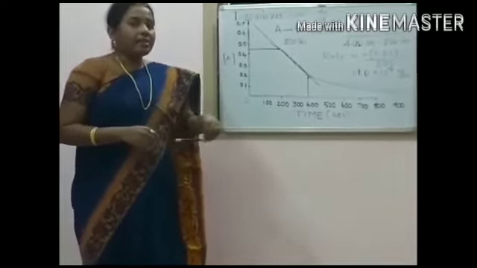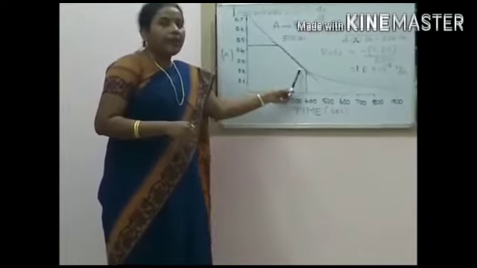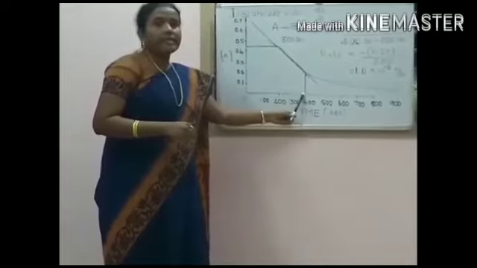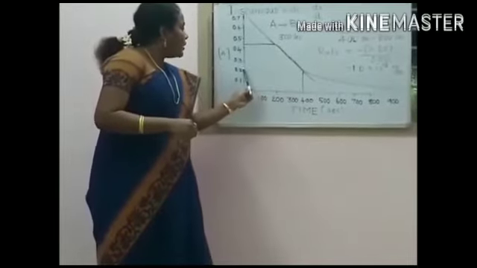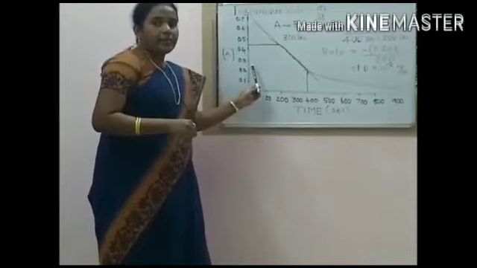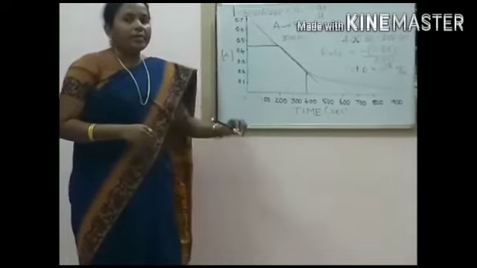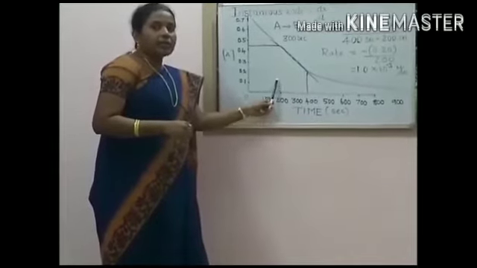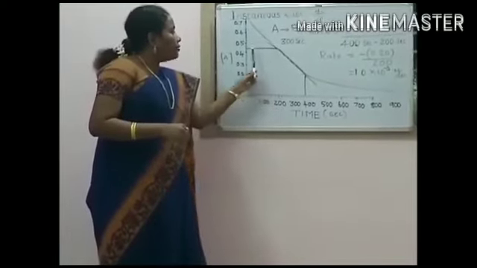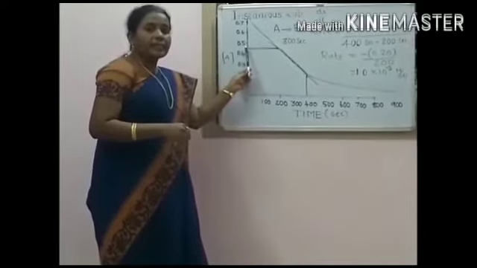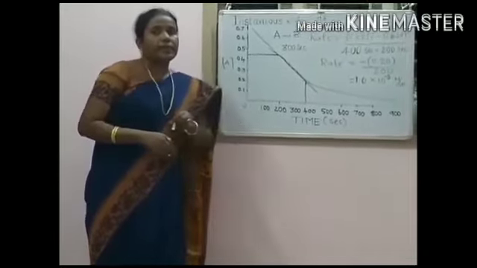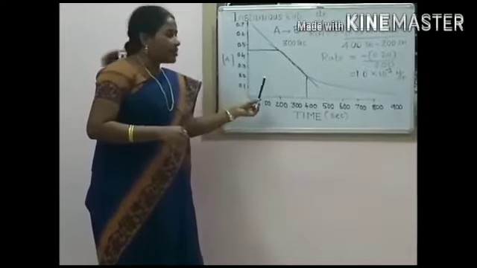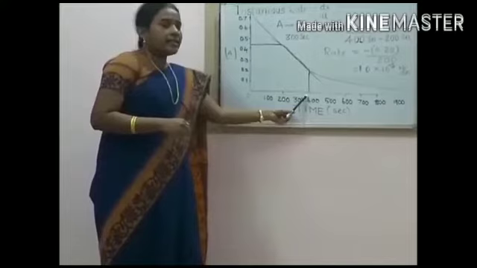Now, I simply draw a line from the point of intersection at 400 seconds to the point which intersects y-axis. And also, I draw a line from the point of intersection at 200 seconds to the point which intersects y-axis.